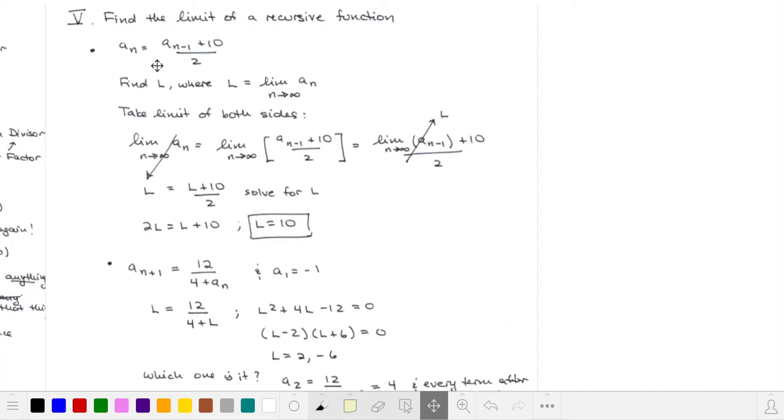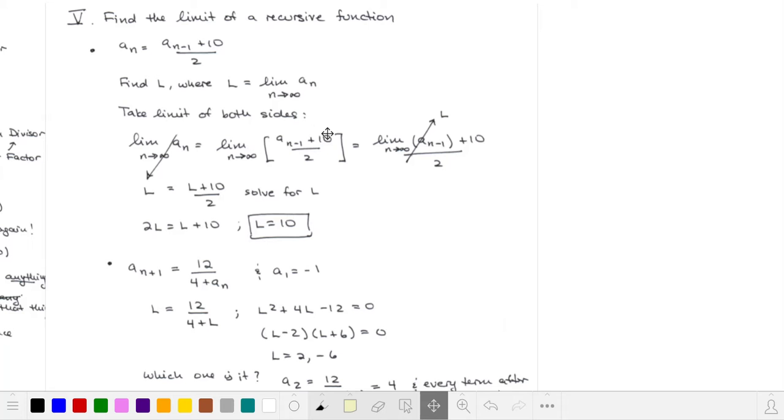So if I take the limit of both sides of this, I have the limit as n approaches infinity of a sub n on the left, and on the right-hand side I have the limit of all of this. If you want to find the limit of all of this, really the only thing that changes is this term. That means I can kind of distribute the limit, if you will, right?